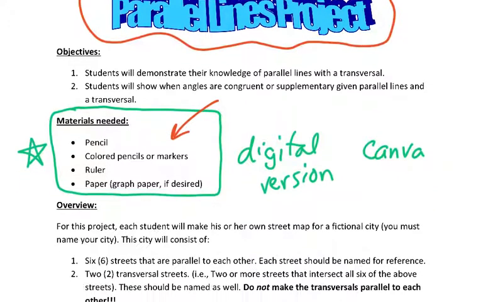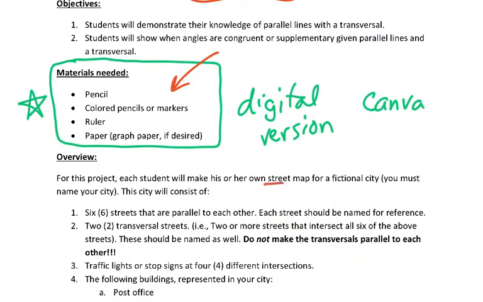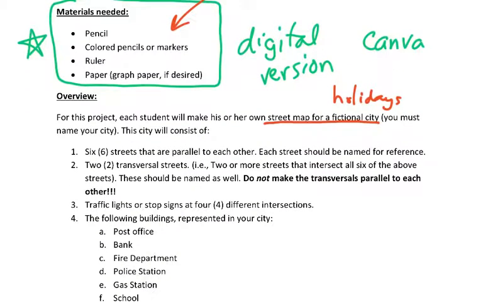You're going to be designing your own street map for a made-up city, and you're going to come up with the name of it. It'd be really cool if you could make it holiday-based, too, since we're so close to the holidays. Some kind of holiday city. It could be Christmas or any kind of holiday for the winter time. So come up with a good name for your city. And you're going to draw 6 streets that are parallel to each other, and give names to them.